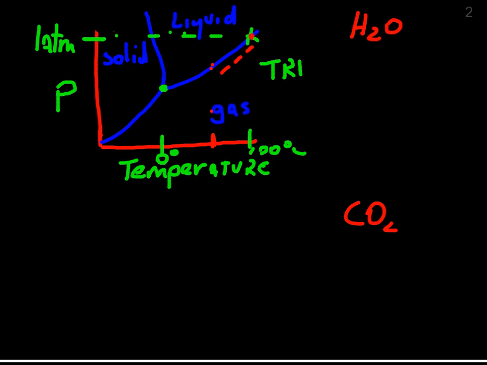A triple point is where all three phases coexist in equilibrium at the same time. And it's really not as bizarre as you would think. You've seen two phases coexisting. Anytime you have boiling water, you have liquid and gas. Or a glass of ice water, you have ice and liquid water.